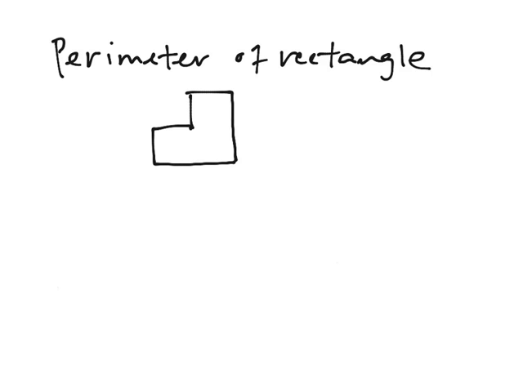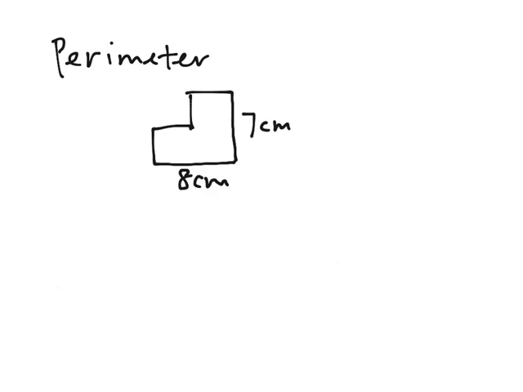Let's say we have this shape here. And I say this is, let's say, 7 centimeter and this is 8 centimeter. I leave it as it is. I will then ask you, find the perimeter of this figure. You may then be scratching your head, right?